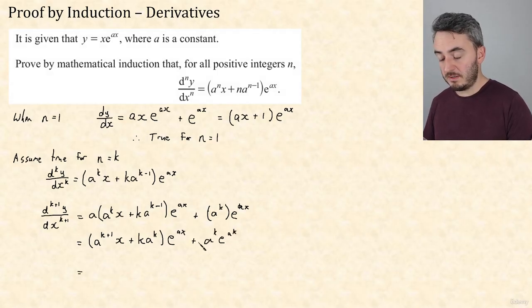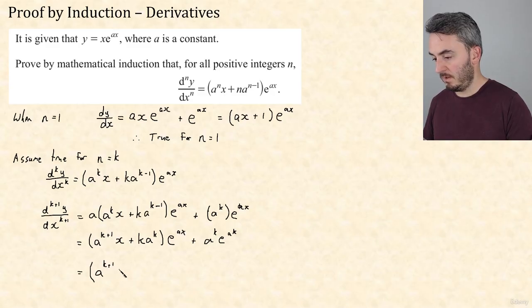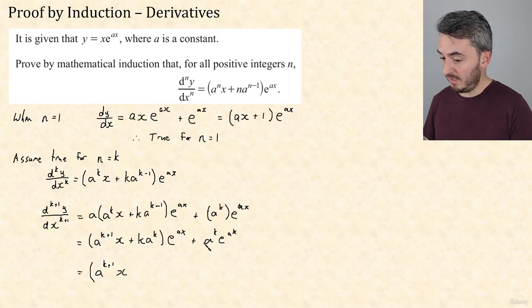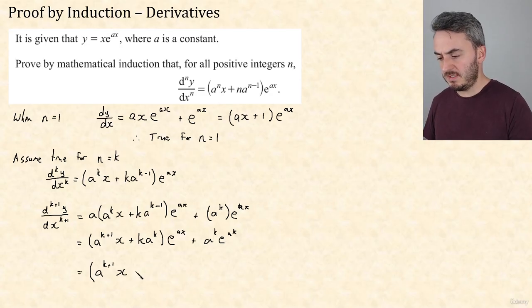Now I can factorize out e to the ax from all of that, leaving me what? Well, e to the ax, I've just still got one of those. And then what do I have here? Well, I've got a to the k plus 1 x, plus k a to the k plus 1 a to the k. So how many a to the k's have I got?